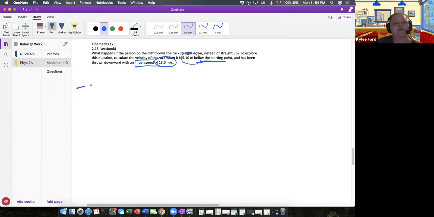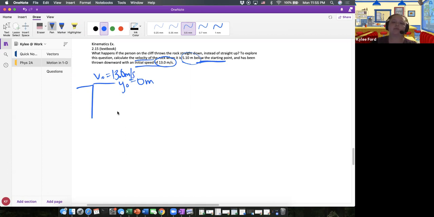So this time we have our cliff, and this is our starting point, y0 equals 0, with an initial speed v naught equals 13.0 meters per second.